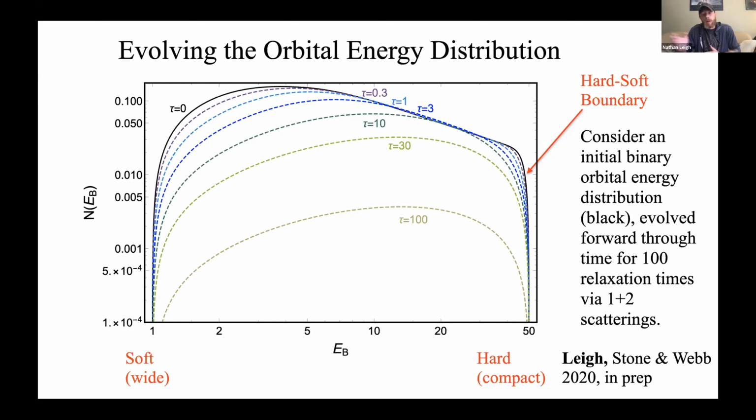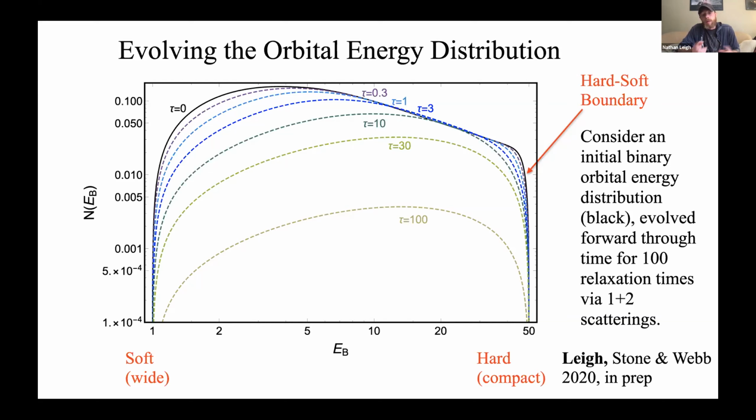And this is pushing binaries into the regime where gravitational wave emission can take over and drive mergers of black hole binaries. So our method quantifies the rate at which this happens as a function of your initial conditions. And simultaneously, heat is being transferred from the binaries to the single stars, providing a heat source for the cluster, which we are also able to compute the rate of.